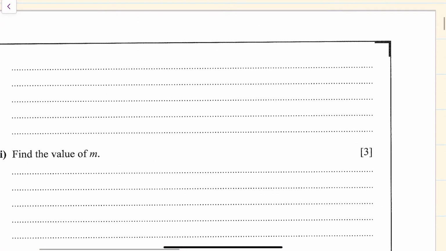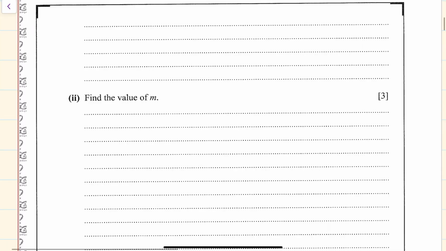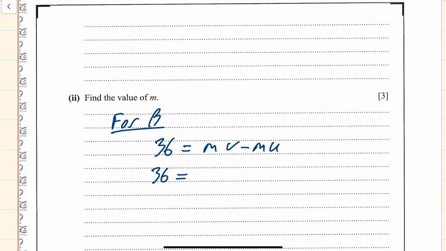Okay, next part says find the value of m. So for B, the impulse is still the same, so it's still 36, and that equals mv minus mu. Now the final velocity of B was 4, and the mass was m.